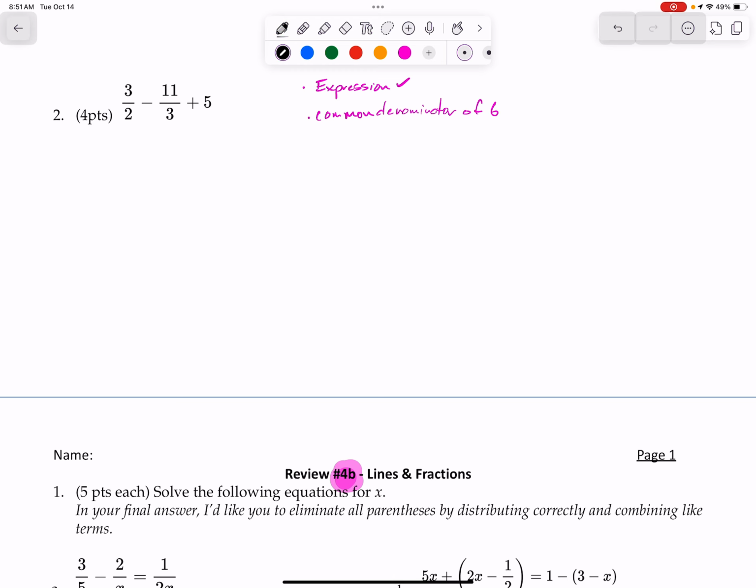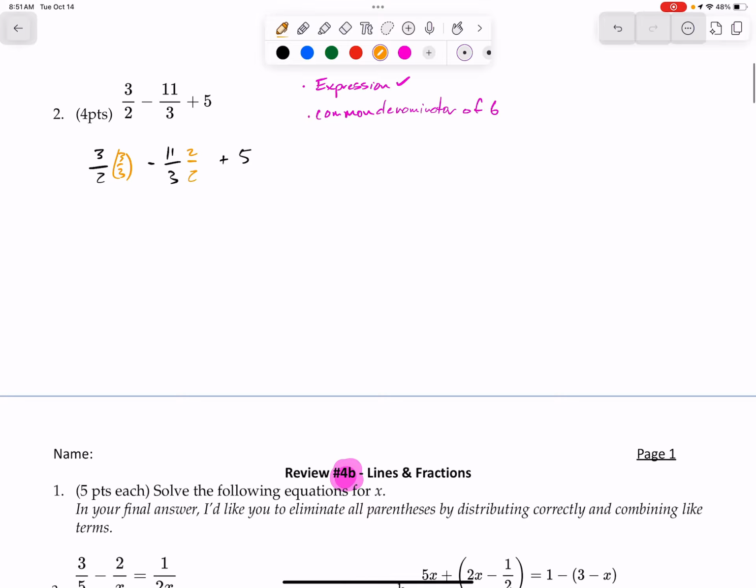So I'm going to rewrite same way, 3 over 2 minus 11 over 3, give myself some room, plus 5, and common denominator of 6, 3 over 3 to get my common denominator, 2 over 2 to get my common denominator, 6 over 6 here. So I should have 9 over 6 minus 22 over 6 plus 30 over 6.